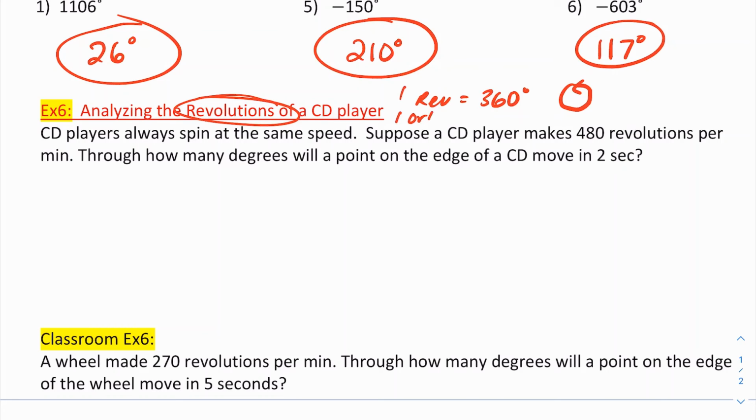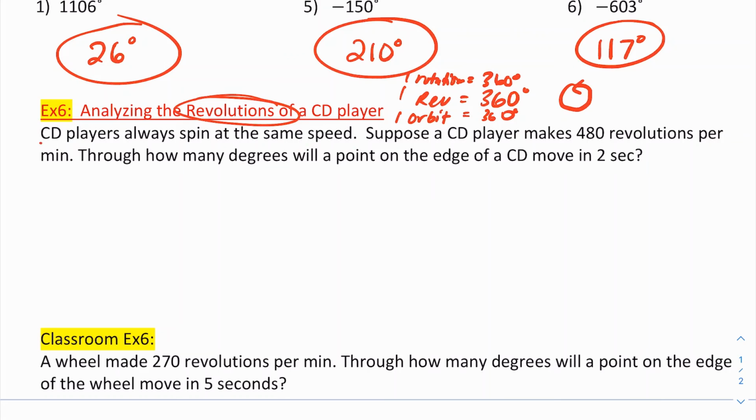So one revolution, an orbit, is 360 degrees. I'm trying to think of what other words they use. One rotation is equal to 360 degrees. So they'll be using the words like this throughout the entire year to mean 360 degrees.